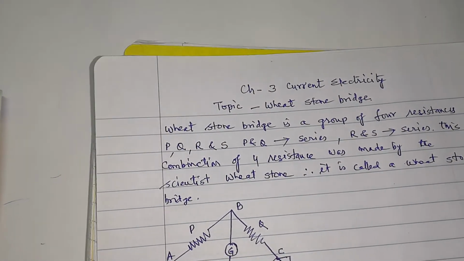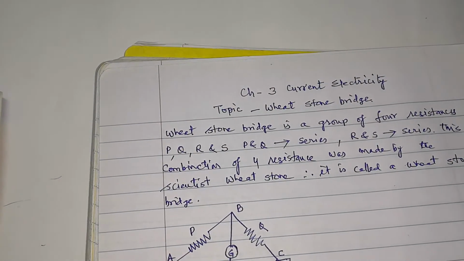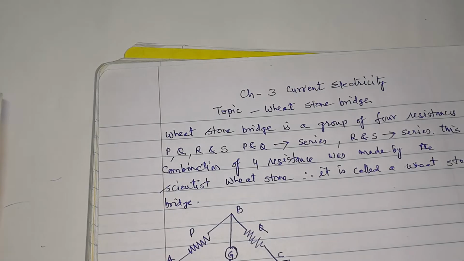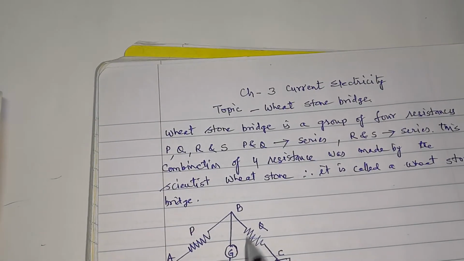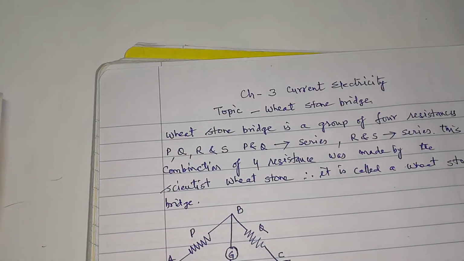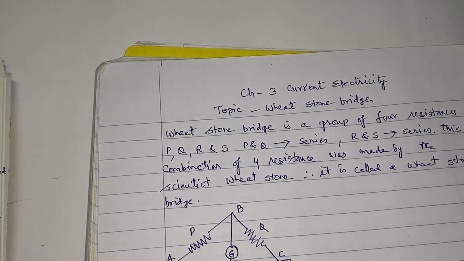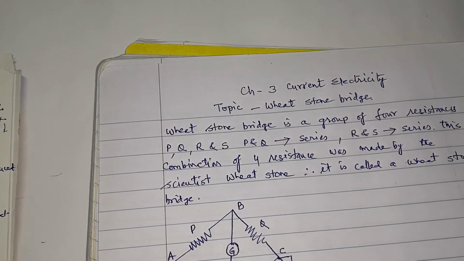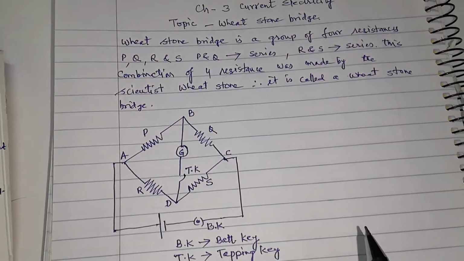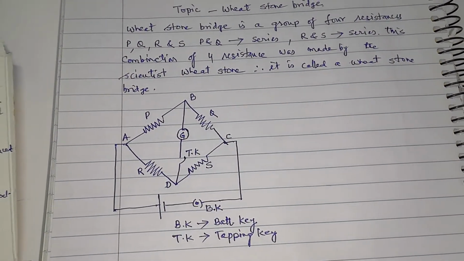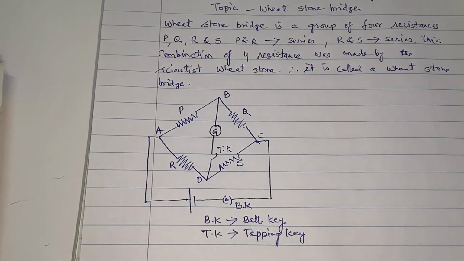It's just like a call bell switch. When you press the tapping key, the galvanometer is there in the circuit in between the points B and D. When you release the tapping key, the galvanometer is out of the circuit. So this is the diagram of the Wheatstone bridge, as we are able to see clearly.